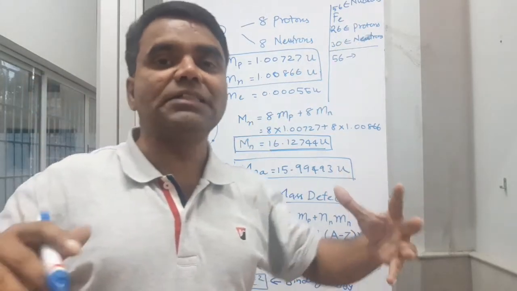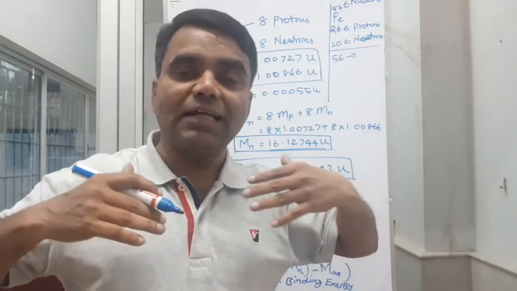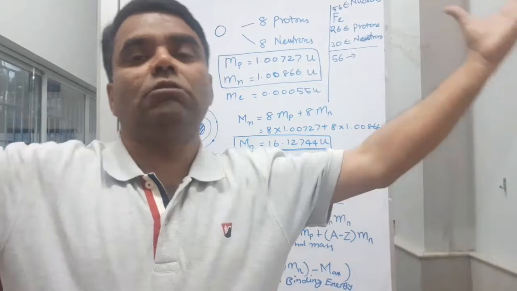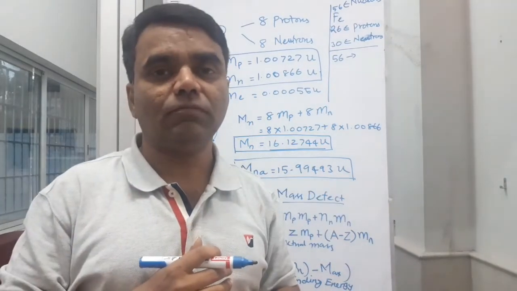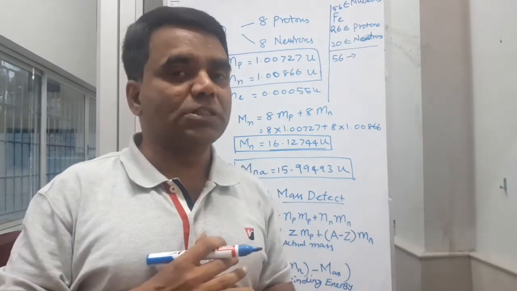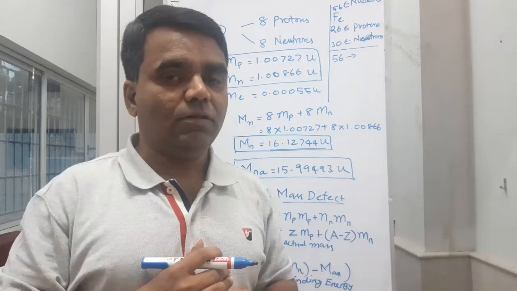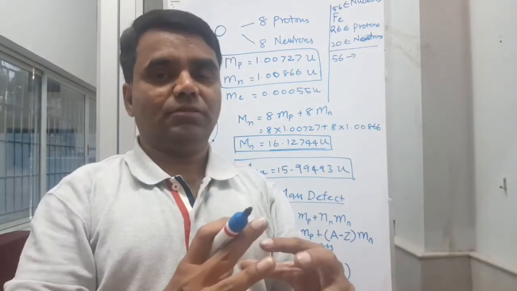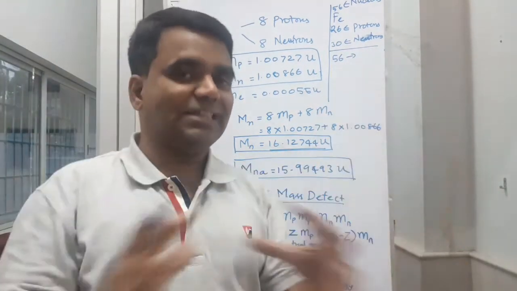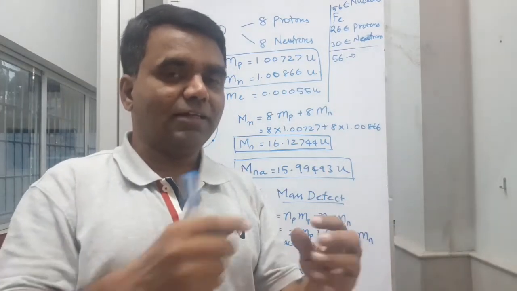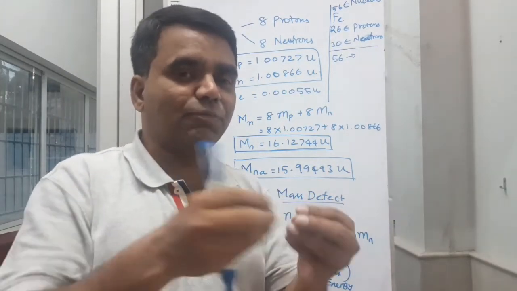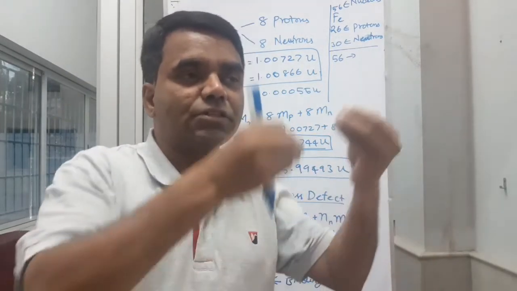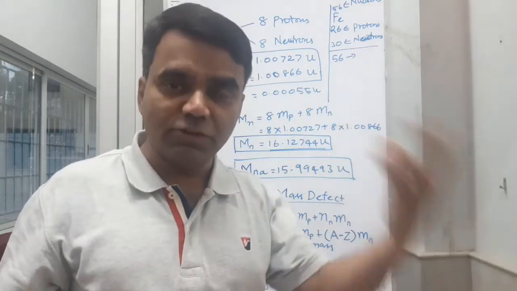Because the iron nucleus had given out lots of energy when this was formed. So now, if you want to break it, then you need to provide a lot of energy. Then the nucleus will take this energy and convert it into mass and provide that mass to its nucleons, the protons and then the neutrons.